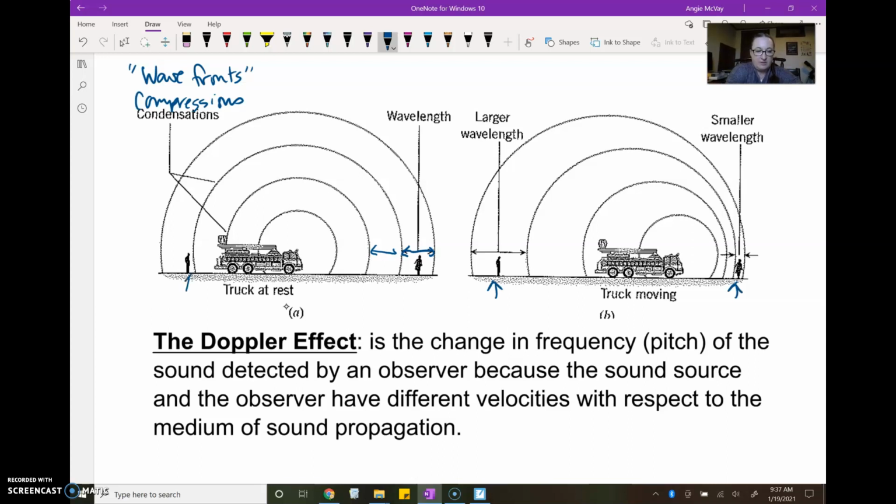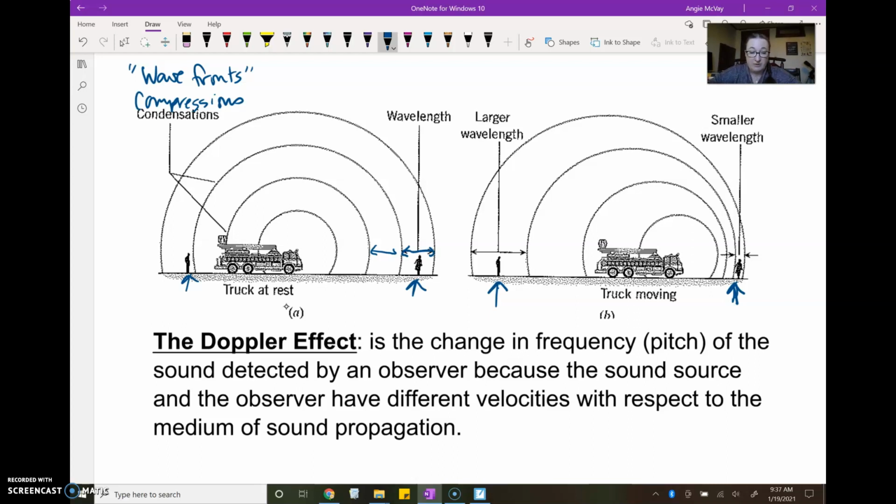And with the truck at rest, the two observers would be perceiving sound that is at the same wavelength, right? But this observer right here, when the truck is moving away, will perceive a larger wavelength. And when the truck is moving towards this observer here, they will perceive a smaller wavelength of sound. Why is that? And that's what we're going to dig into today.